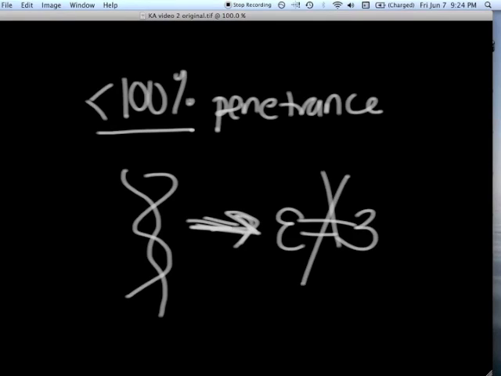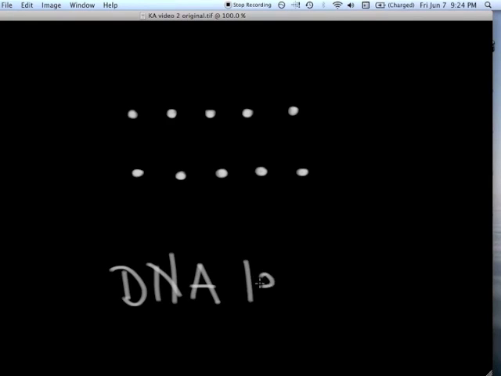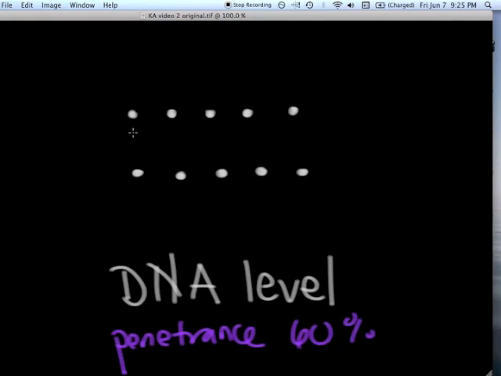So looked at mathematically, let's say we had 10 people with that mutation. They all have that mutation on the DNA level that would make their collagen be mutated. However, let's say, and I'm just going to make up a number, that penetrance in this case is 6 out of 10 of these individuals will actually express the phenotype.